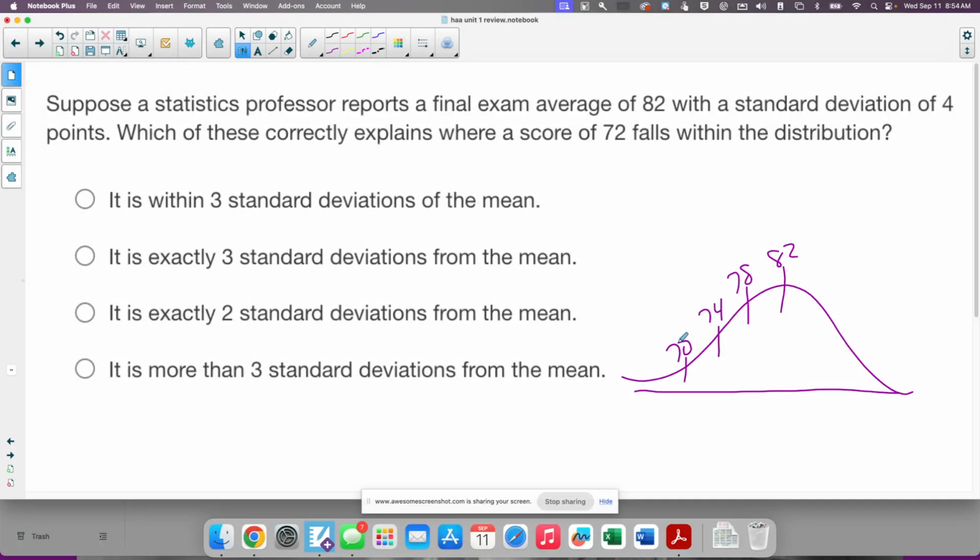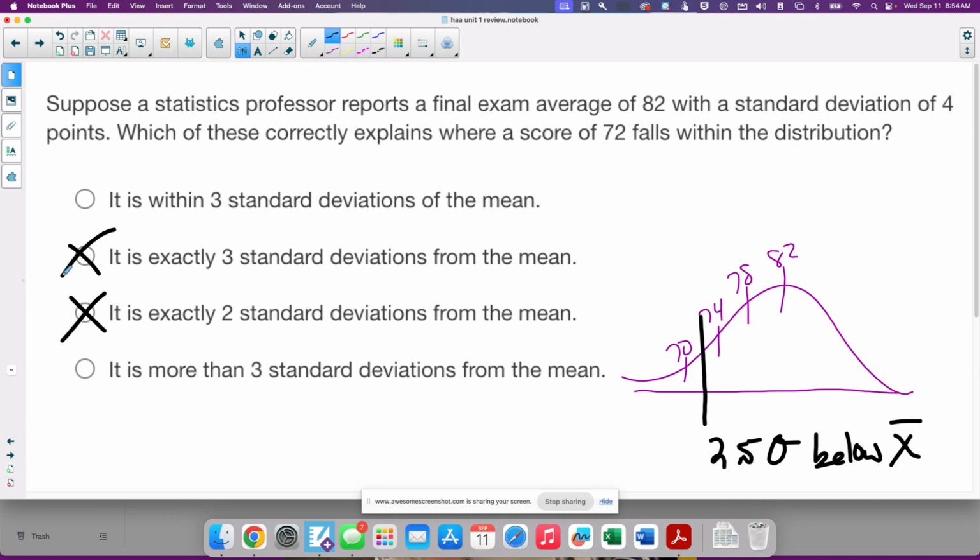So a grade of 72 is going to fall about right here. And if I wanted to be specific, I would say it's 2.5 standard deviations below the mean, right? But that's not one of my possible choices. I know it is not exactly 2 or 3, right? And if it was more than 3, then my score would be less than a 70. So it has to be within 3.